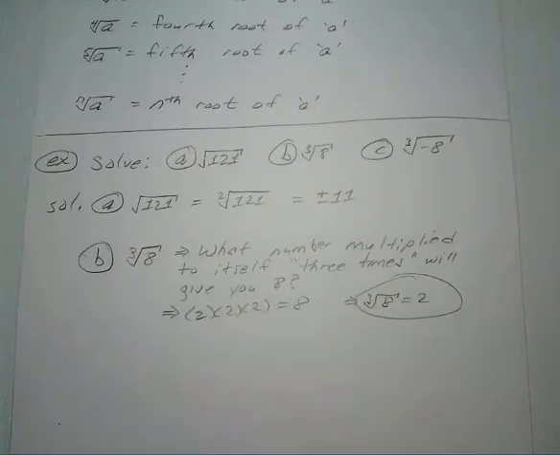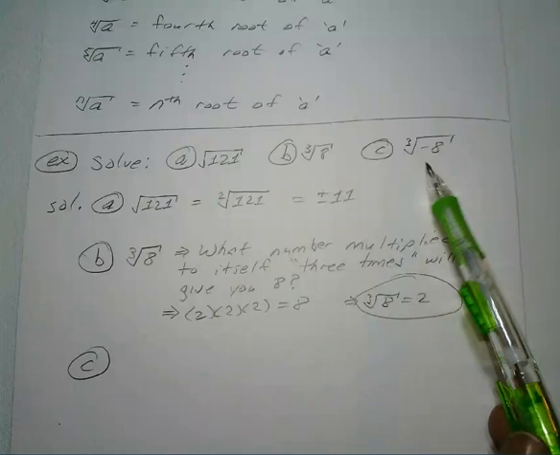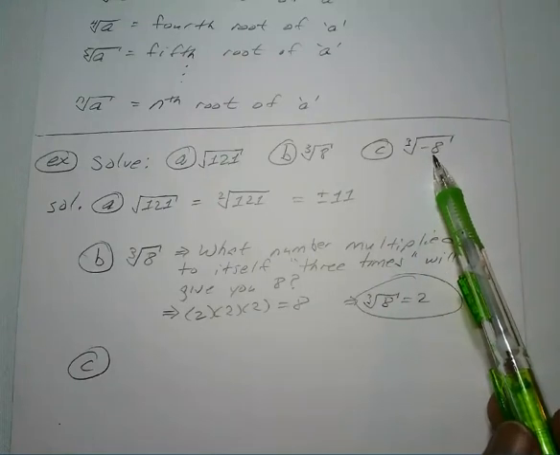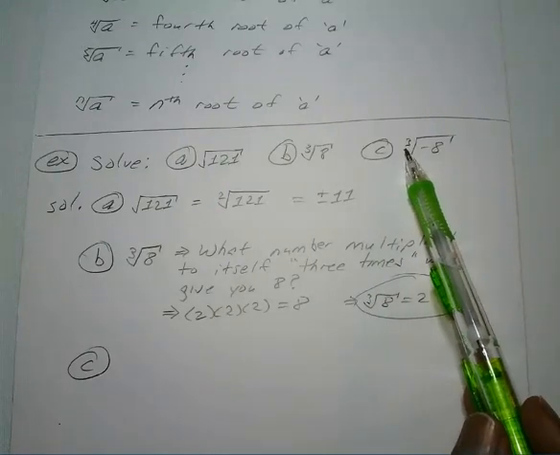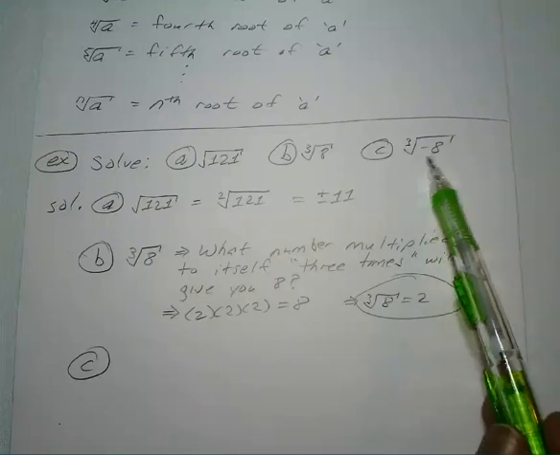Okay, now if we look at problem C, if you remember, when you have a square root, that number can't be negative. But when you have a cube root, your radicand can be negative and you could have an answer.